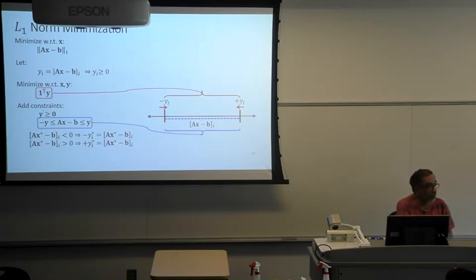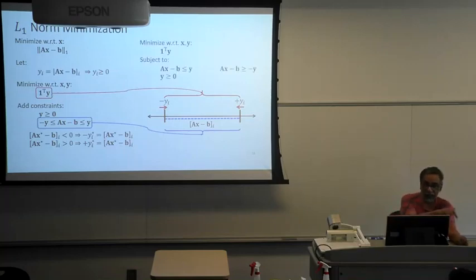But that's when we reach the optimum. Before that, we have two sets of variables now, x and y. Okay, so this is my constrained optimization problem. I'll show you an example to make it even clearer. So I'm trying to minimize with respect to x and y, 1 transpose y, subject to ax minus b. See, these are actually a pair of constraints.